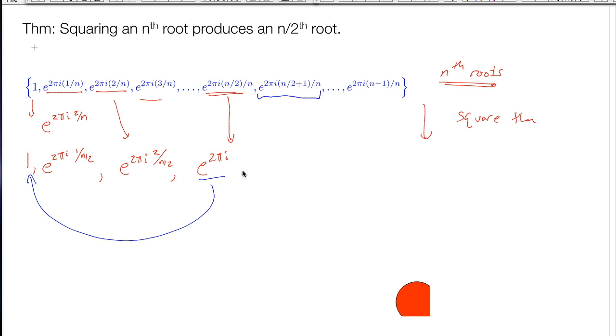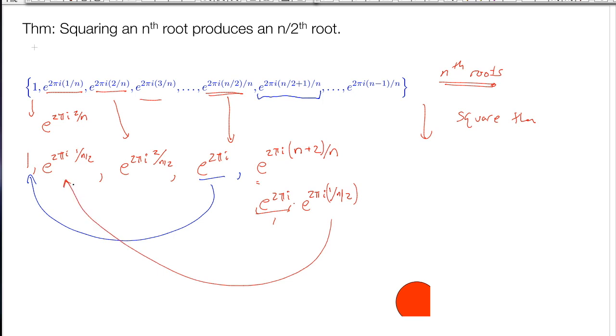If you square that, you're going to get e to the 2 pi i times n over n, which is just going to be 1, which this is 1 already. And then the remainder is going to be 2 over n, which, as we described before, could be rewritten like that. So all of these elements, when you square them, they just fold right back onto themselves.